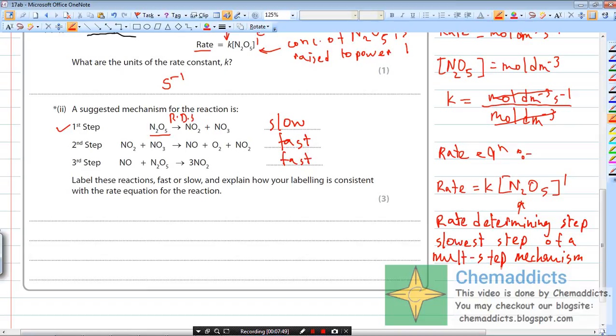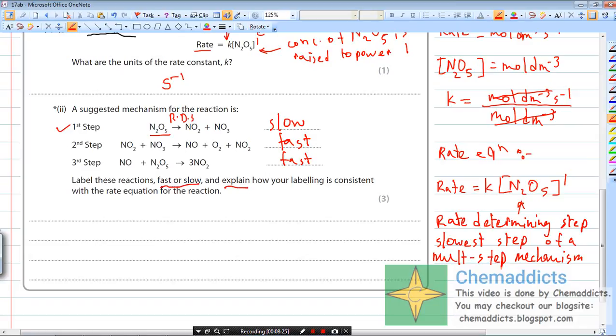Since the first step is the slowest of all these three steps, this should be the RDS and the others should be fast as usual. So we have labeled this reaction for fast or slow.